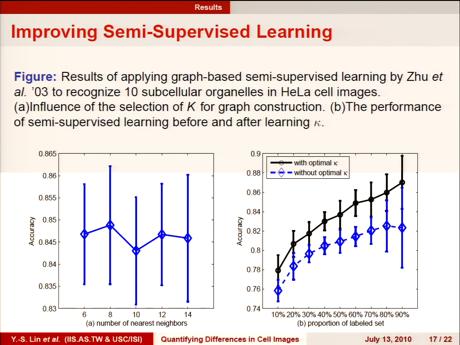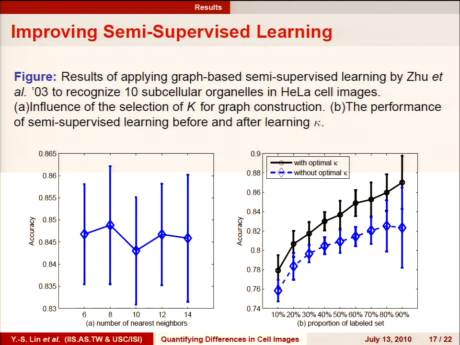transformation, and it constantly improves the feature space transformation. The proportion of the data that should be labeled, and the number k of the graph.